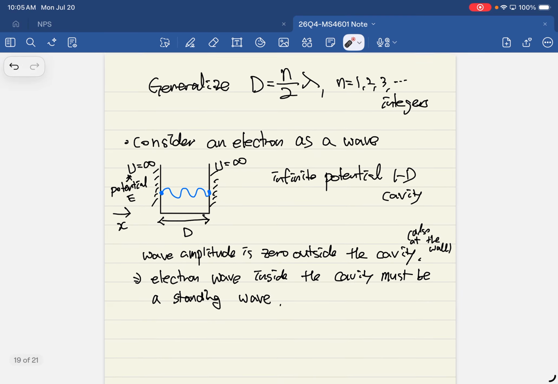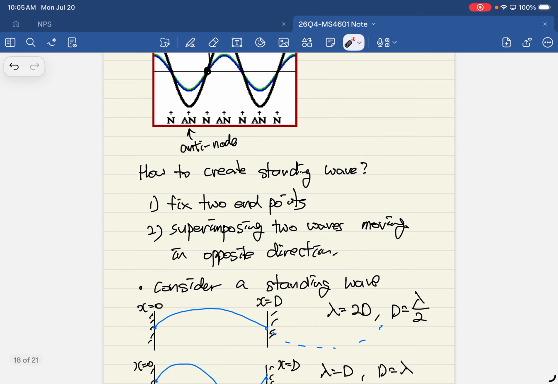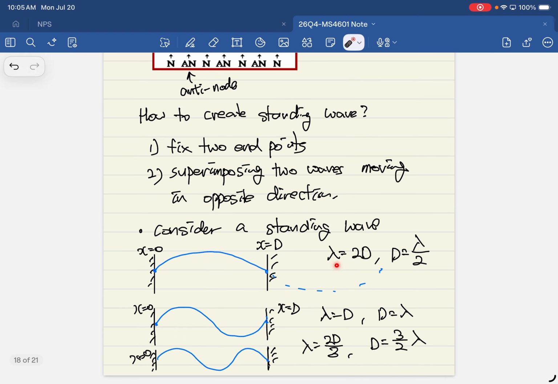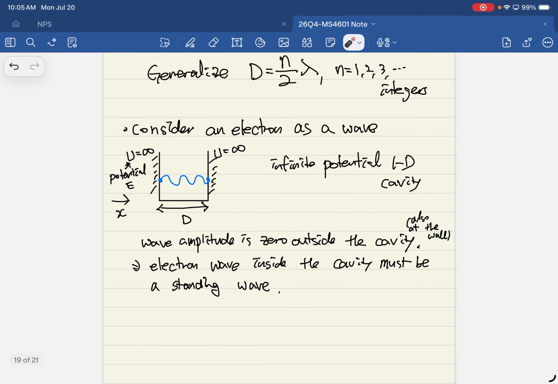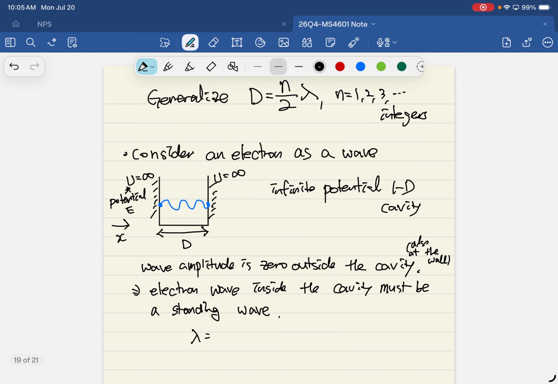Now we can use this generalized concept. Any standing wave within the cavity can be described by these expressions, but there can be several different wavelengths. So now we can safely state that lambda is simply 2D over n.